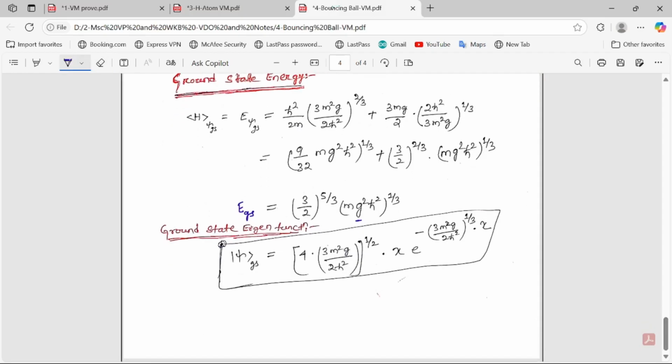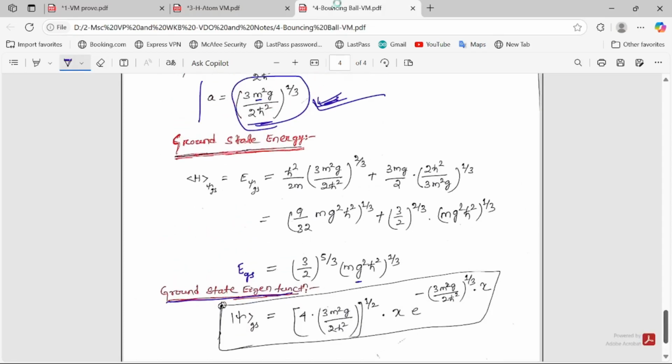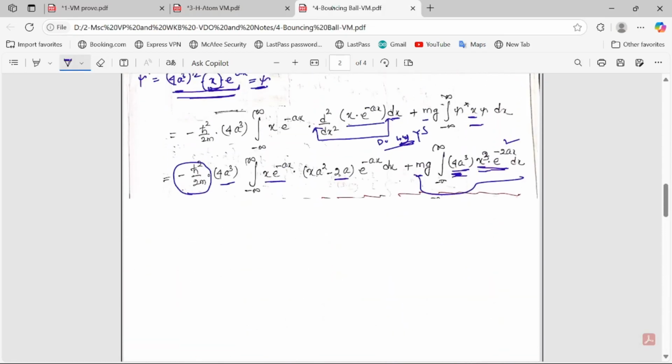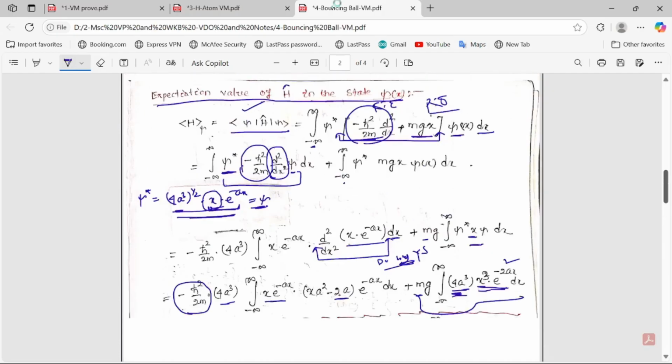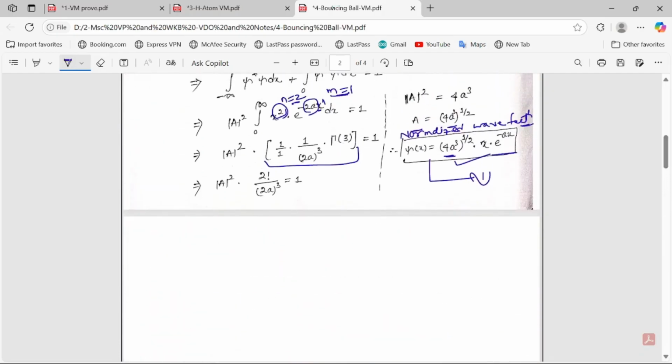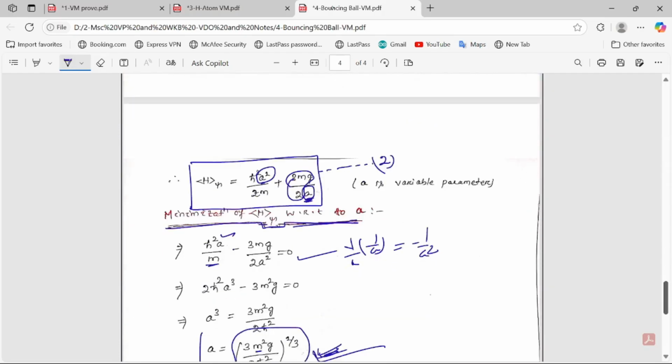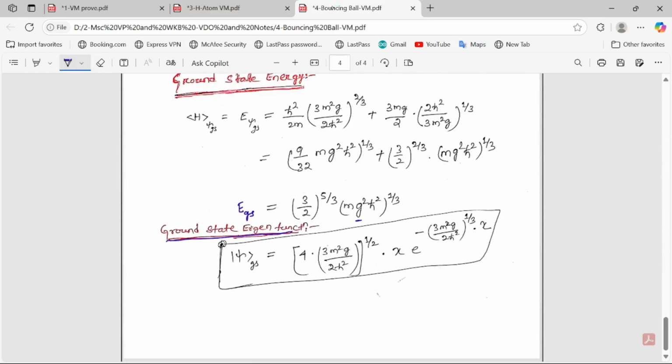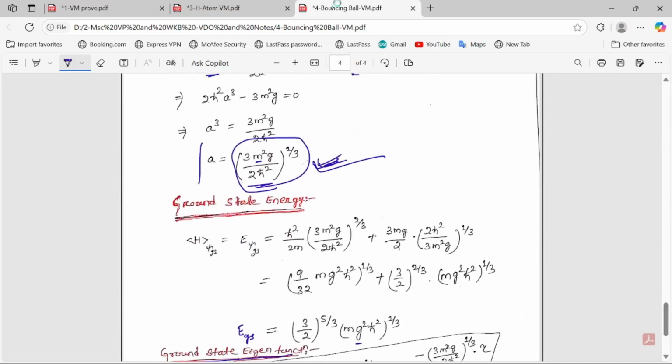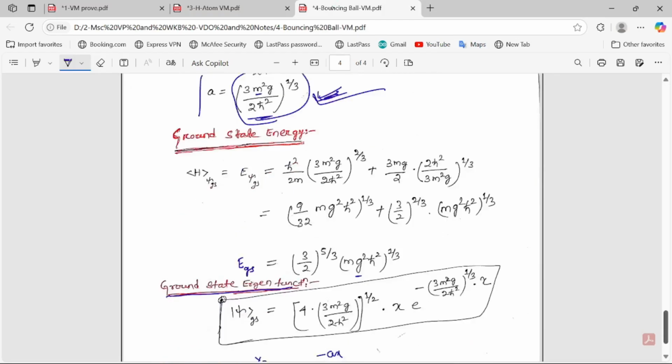Now the ground state eigenfunction will be what? Already we found the normalized wave function is this one, (4a³)^(1/2) x e^(-ax). So here instead of a, what we have to substitute? This value, (3m²g by 2ħ²) to the power 1 by 3.